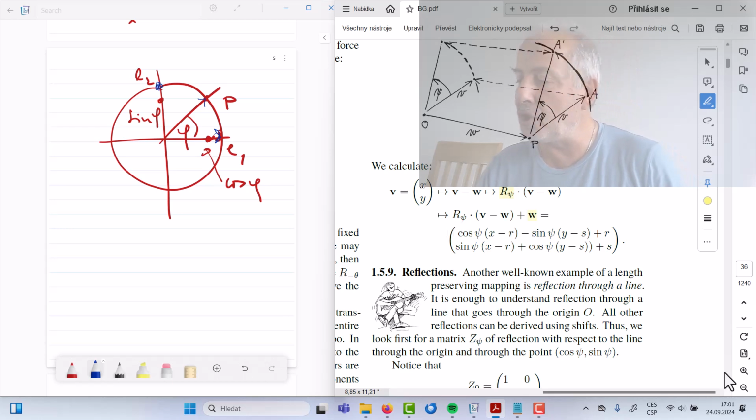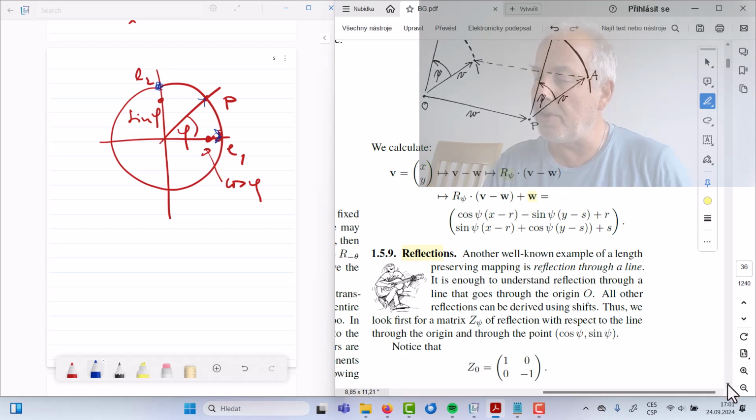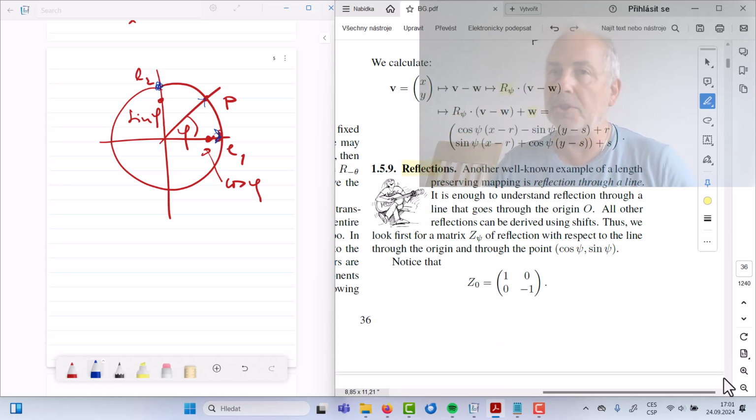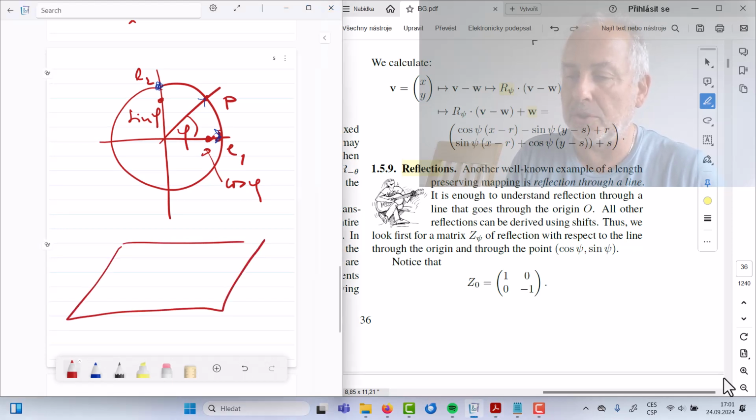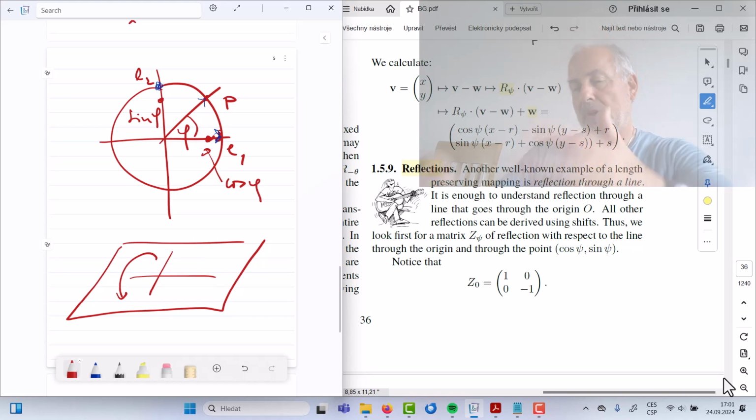The next thing which is discussed here is the reflections. So the reflections are very easy going. The easiest one is the reflection with respect to the x-axis. So if you reflect with respect to the x-axis, this is the picture then. These are the two axes. I simply want to reflect.